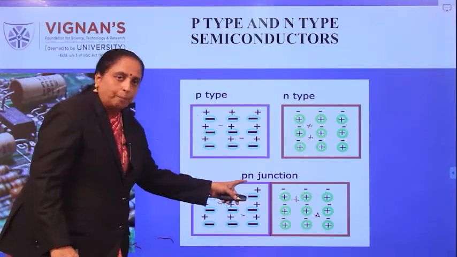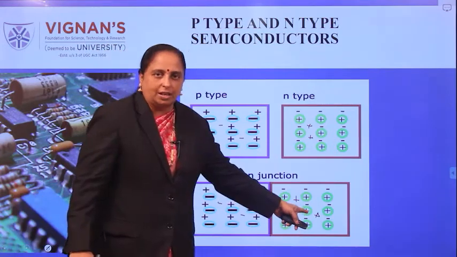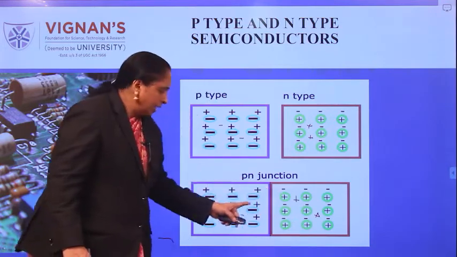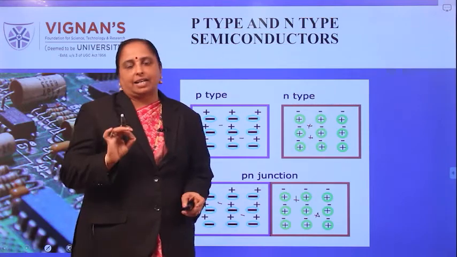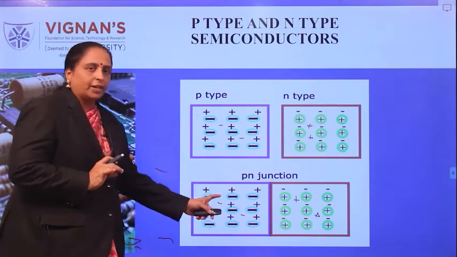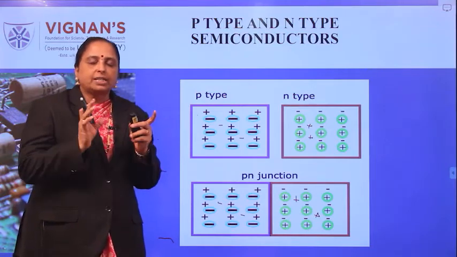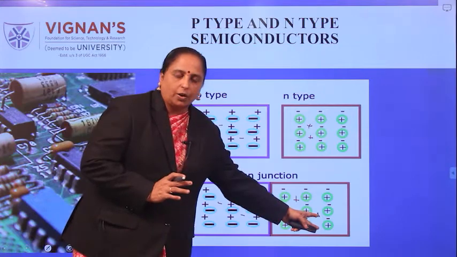Here, there is a majority charge carrier concentration. Here, the carrier concentration is less. Similarly, the electrons are more here, electrons are less here. So, we call this a concentration gradient. That is, more carriers, fewer carriers. So, there is a diffusion process in such a way that carriers will move from higher concentration to lower concentration.